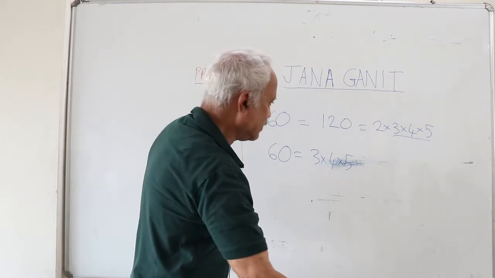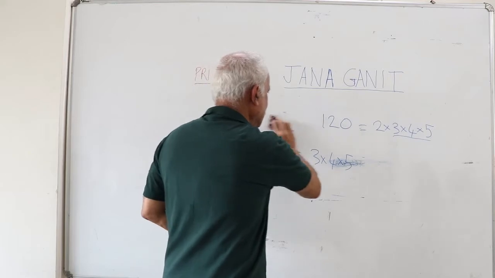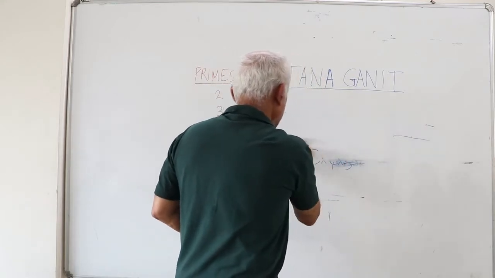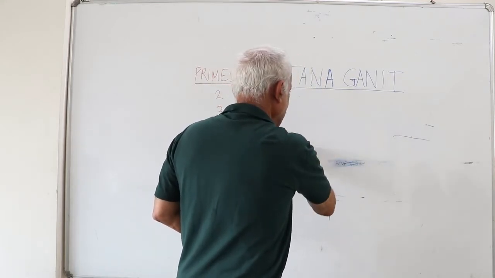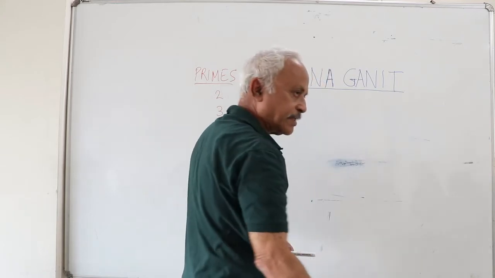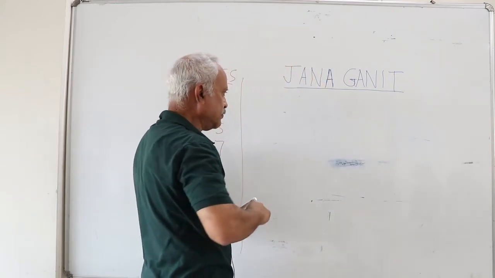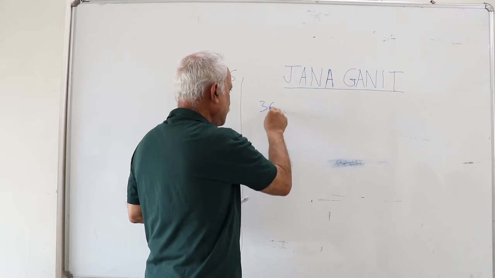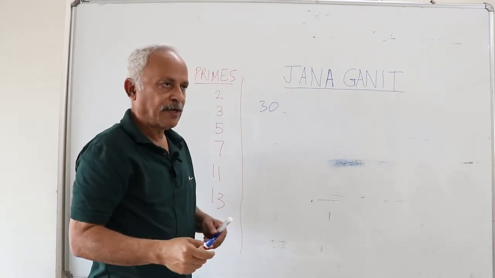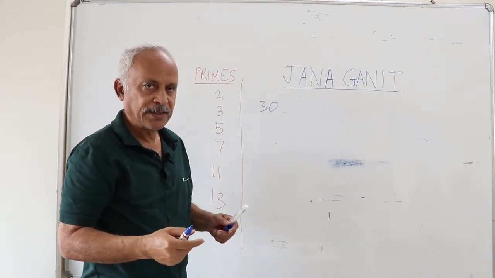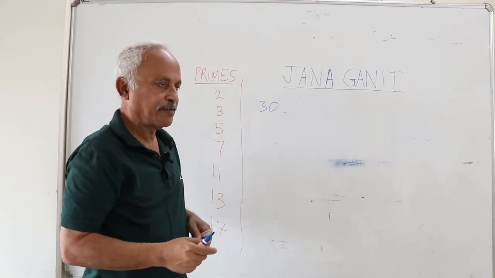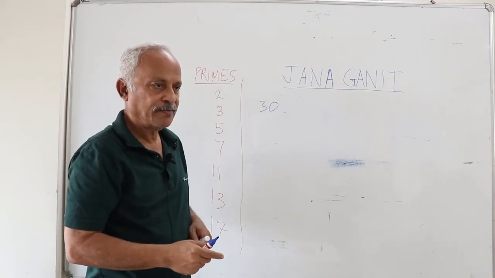Let's factorize the number 30. So what you do, start out with 30 and you divide by the first prime number on your calculator.